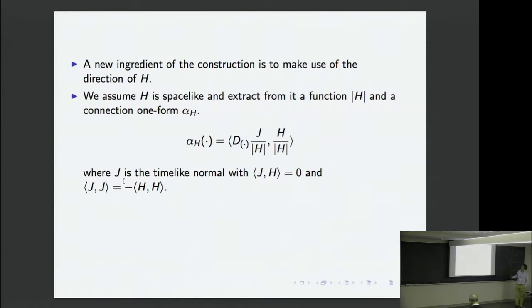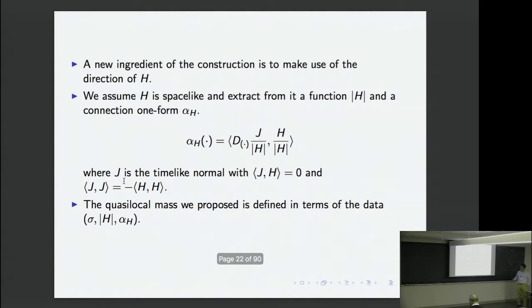So this is a one-form on your surface. The mean curvature vector was originally a normal vector which relied on the extrinsic space to define it. But once we extract its norm and its direction, we're just going to work with this data.